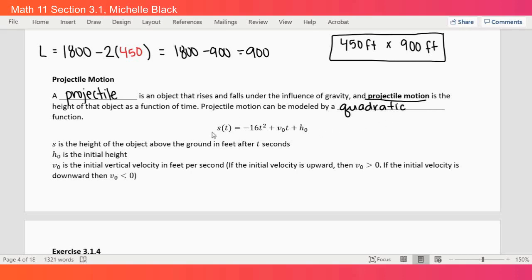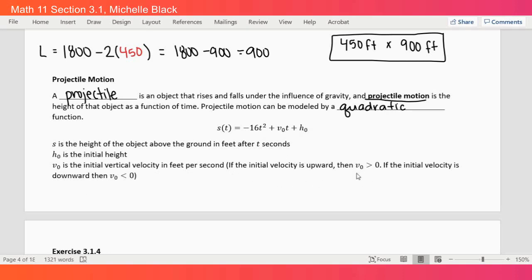The quadratic function that models this is s of t equals -16t squared plus v naught times t plus h naught, where s is the height of the object above the ground in feet after t seconds, h naught is the initial height, and v naught is the initial vertical velocity in feet per second.